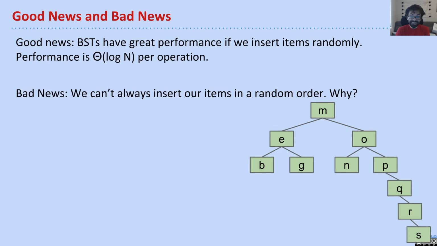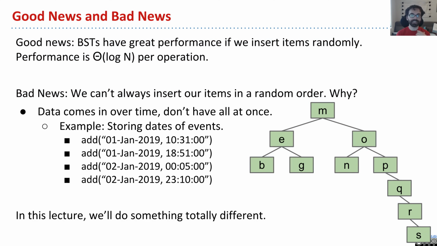It's actually kind of a silly reason, kind of obvious in retrospect, which is that data comes in over time. We don't have it all in advance. So imagine we have a system where we're storing events that occur on a security camera. For example, I saw someone at 10:31 in the morning on January 1st, at 6:51 p.m. on January 1st, and so forth.